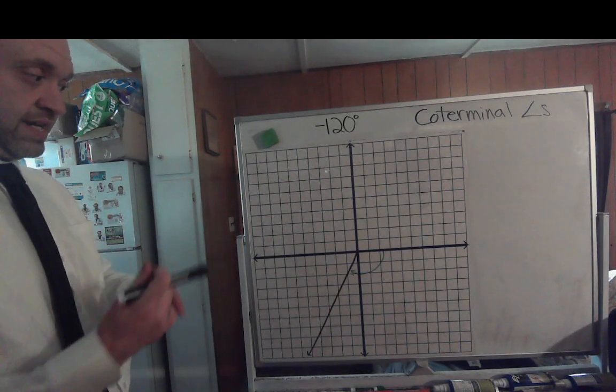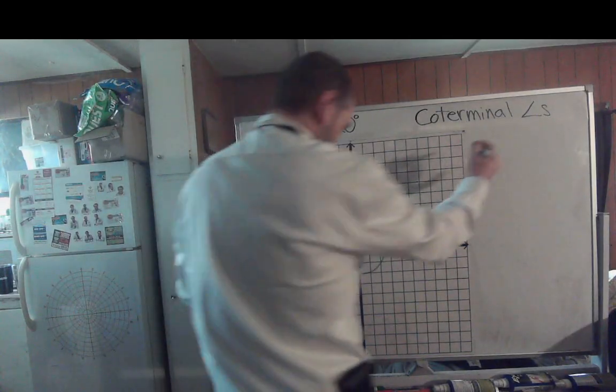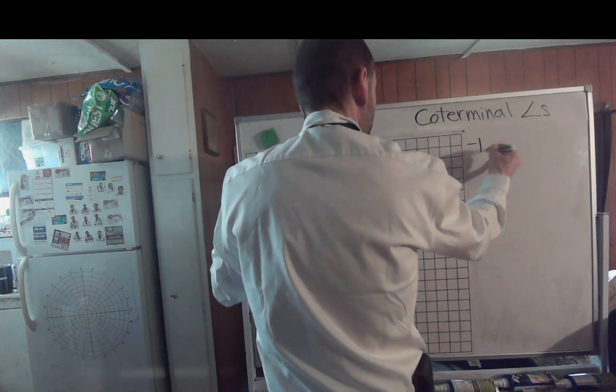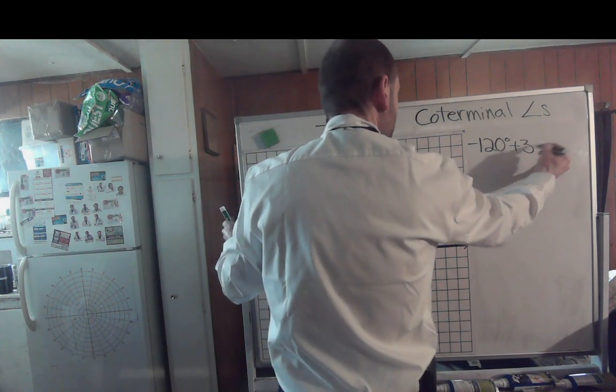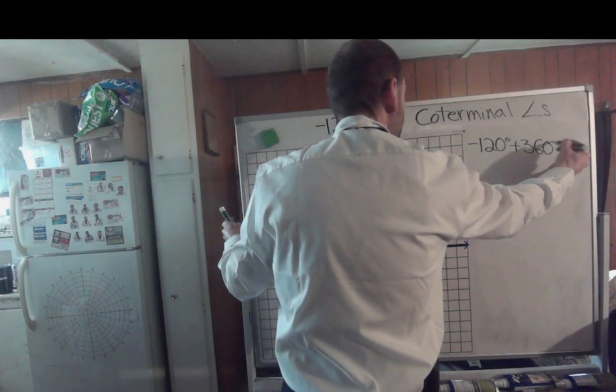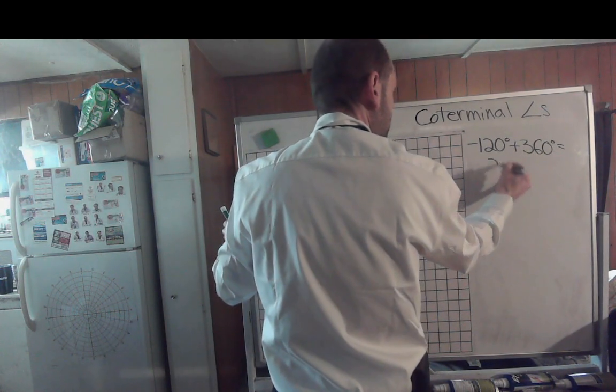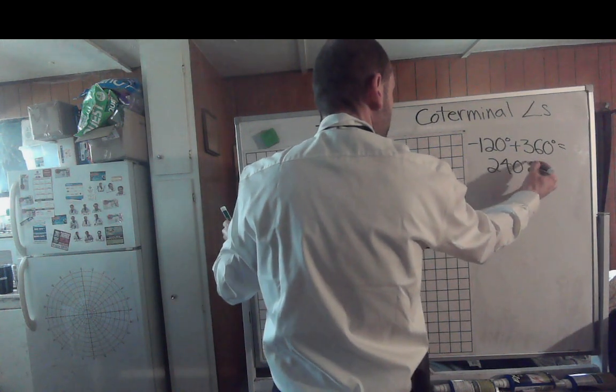If I want to find coterminal angles, I would add 360 degrees to that. So negative 120 plus 360, that's going to be the same as a positive 240 degree angle.